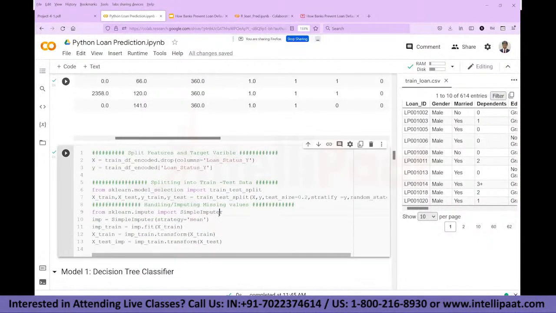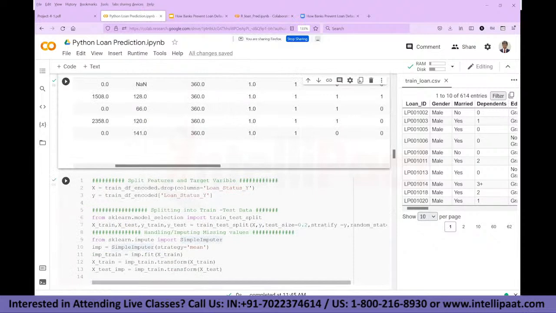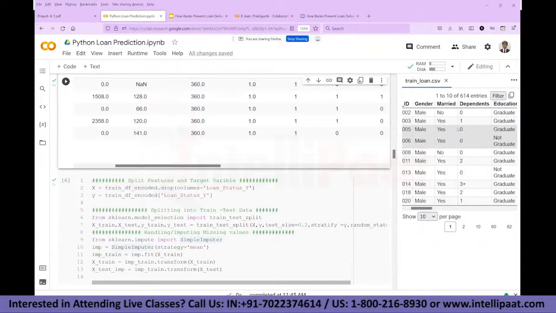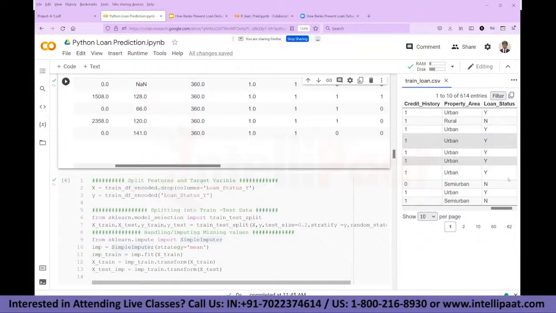Similarly, we split features and target variables. I know my target variable. In a data set, something needs to be predicted and something has to be used to make those predictions. In our data set, I'm using all of these columns to predict loan status, which is ultimately either 1 or 0, for the cases where the loan status is not there.